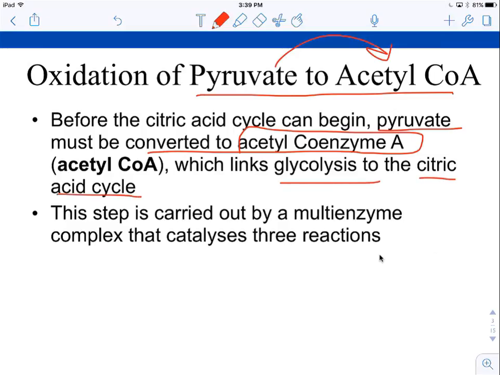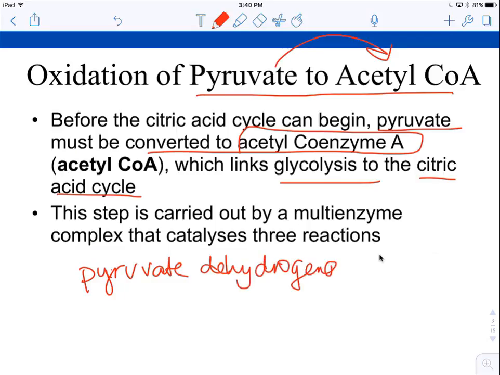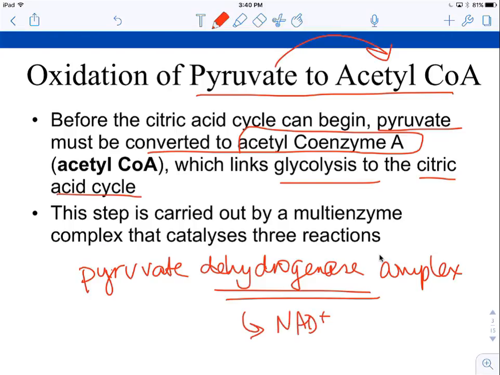This step is carried out by a multi-enzyme complex called the pyruvate dehydrogenase complex. And again, because it's a dehydrogenase, we know that it's going to reduce some NAD+. So let's watch that.